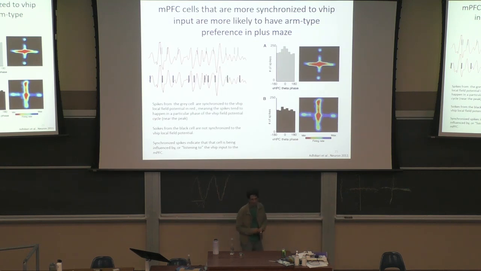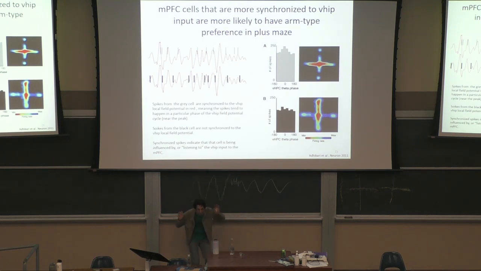Okay, so then what we saw is, if we have the ventral hippocampus state oscillation like this, the cells that were good at separating arm type, which are these two orange cells, their spikes were very synchronized to this oscillation, meaning the spikes occurred, say, mostly near the trough of the oscillation.